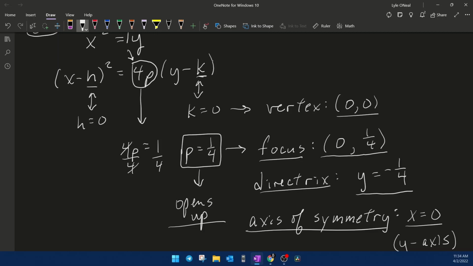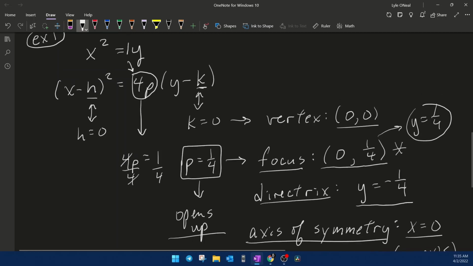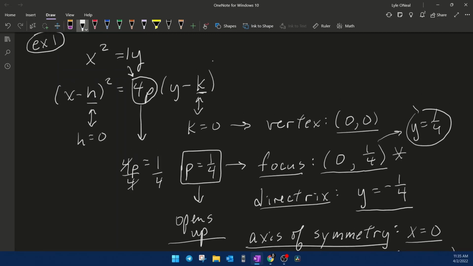So that means that the latus rectum is going to be at the same height as the focus, and that indicates that y would be a fourth.